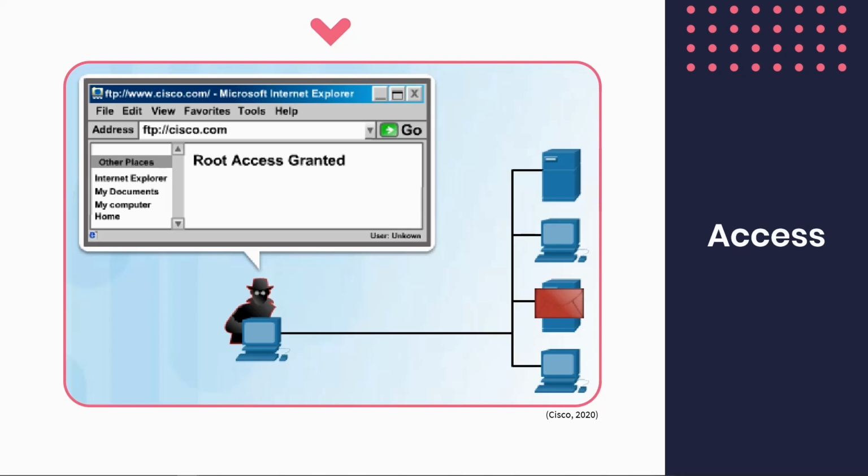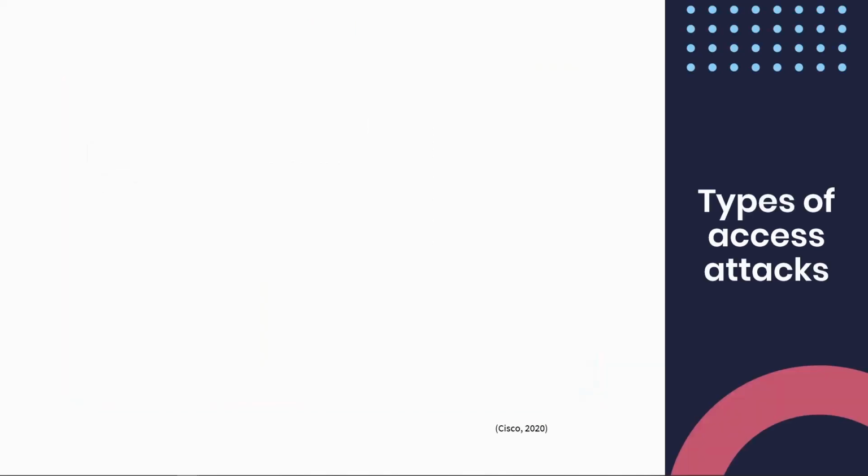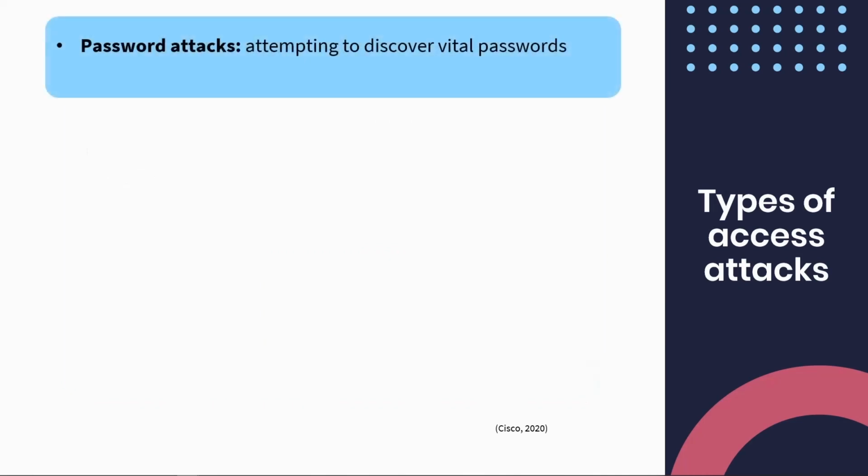The attacker will then try to escalate their access privileges to give him or her full access to that system. Okay, so you get various types of access attacks. These include password attacks, which is attempting to discover vital system or administrative passwords using phishing attacks or brute force attacks to gain access into the system.